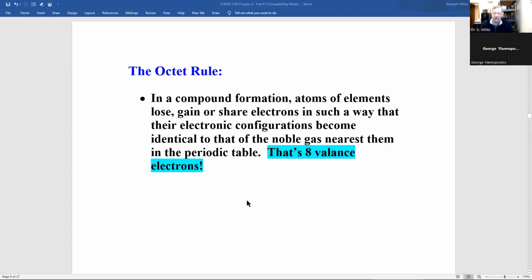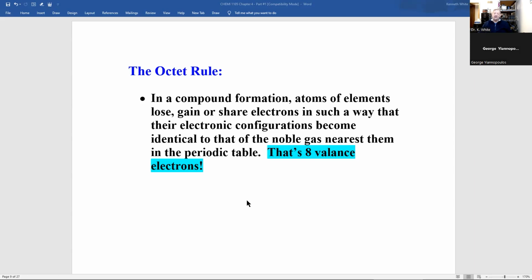Now, the octet rule. In compound formation, atoms of elements lose, gain, or share electrons in such a way that their electron configuration becomes identical to that of the nearest noble gases, nearest them in the periodic table.